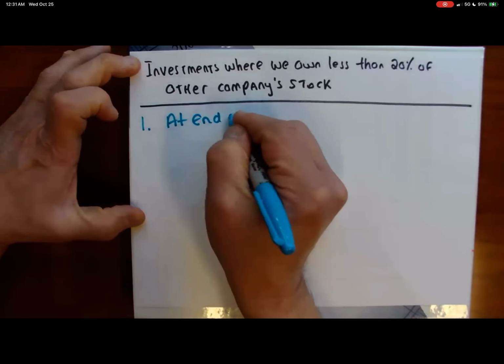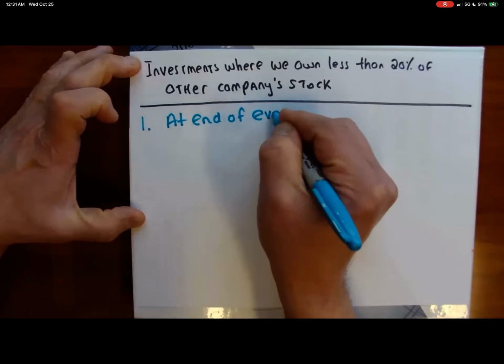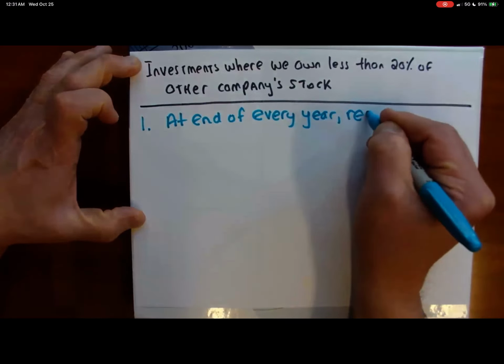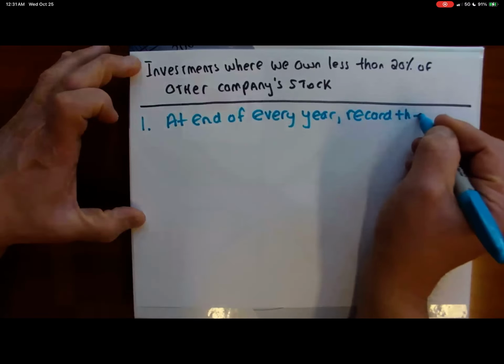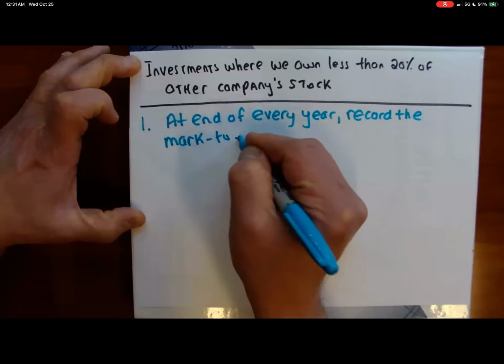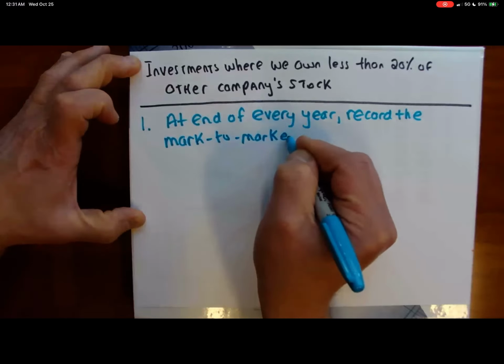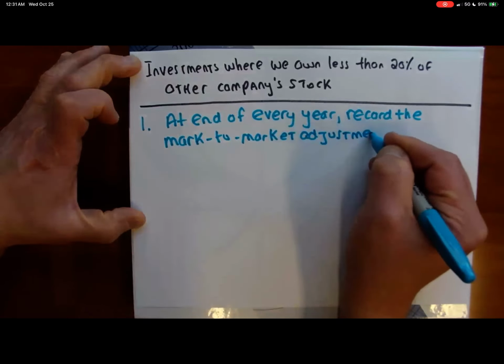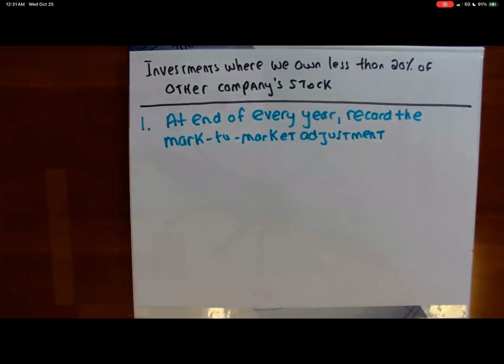So at the end of every year, record the mark-to-market adjustment. And this mark-to-market adjustment is going to accomplish two things.